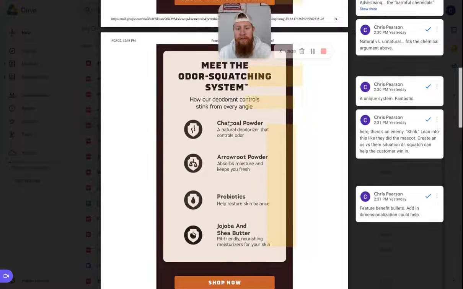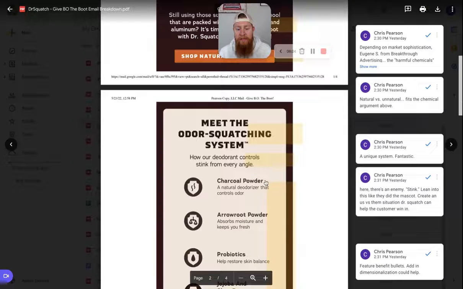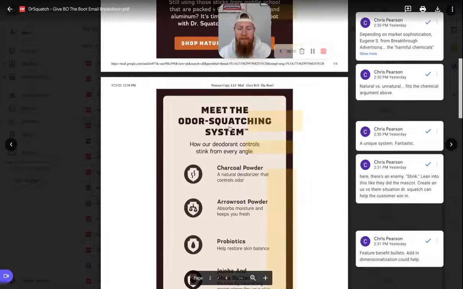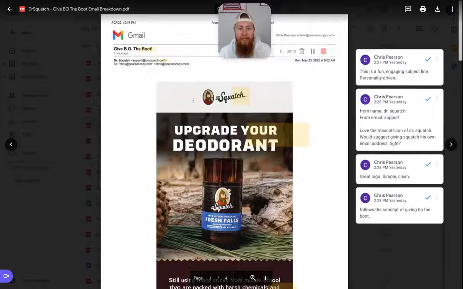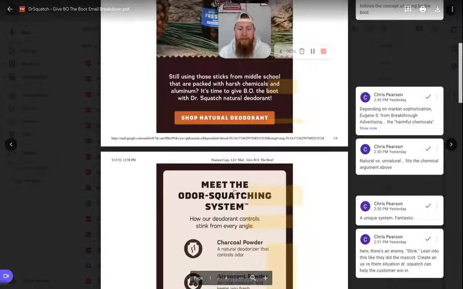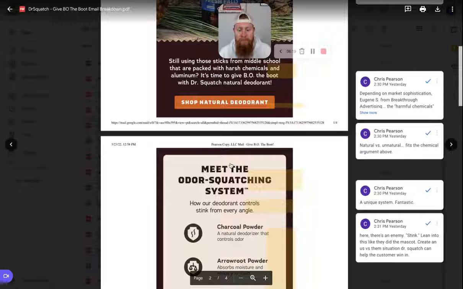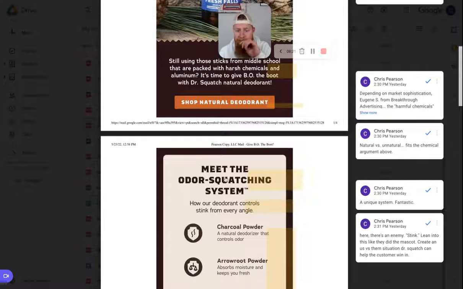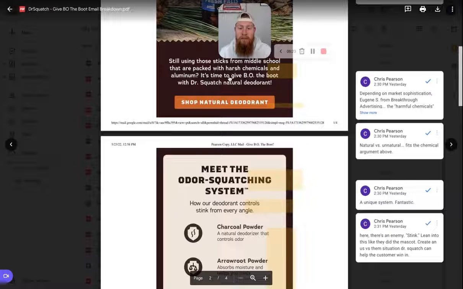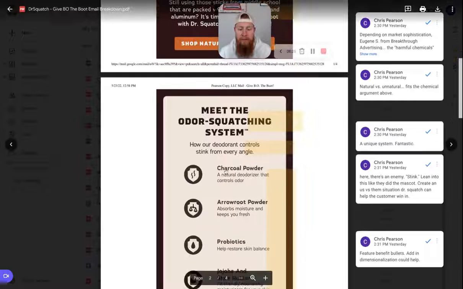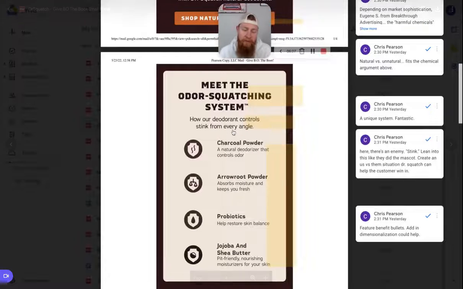Earlier, when I was talking about this paragraph, I would almost be tempted to show the meet the odor squatching system and make this the point of the email. So give BO the boot, upgrade your deodorant, use our odor squatching system to do it, and not even mention the problem. Go straight into the solution of the mechanism, and test that and see what it does to engagement, like clicks and sales. But anyway, meet the odor squatching system. They have their own system.